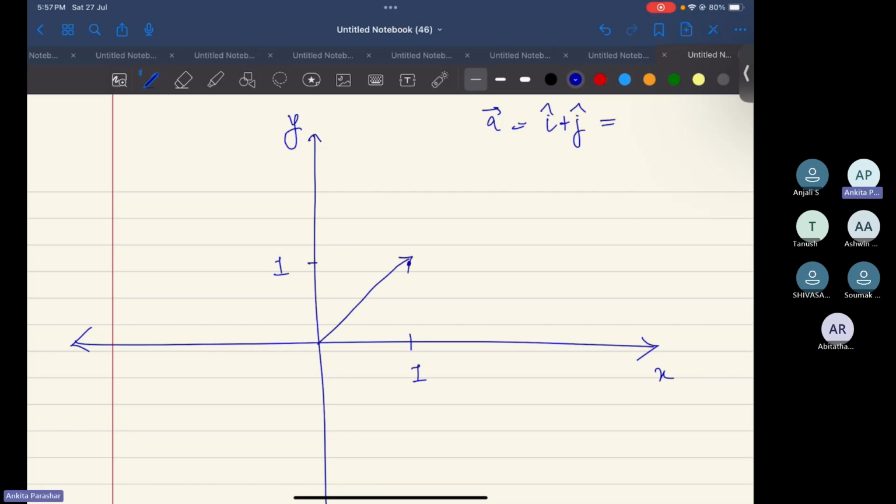And what is the other vector? 0 comma 1. So let me write once again. B is just j cap, and j cap, remember, is 0 comma 1. This is 1 comma 0 plus 0 comma 1. All right, so 0 comma 1, where is this vector? I think it's here.